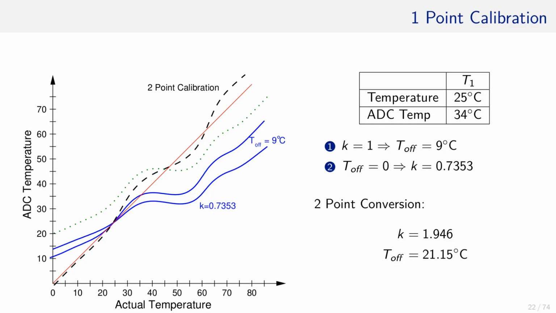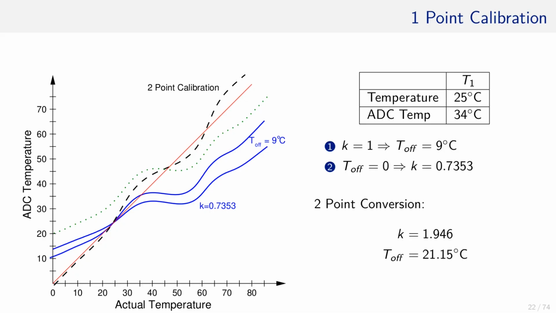So which one shall we choose? Shall we rotate the graph by modifying the gain factor, or shall we keep the gain factor fixed to 1 and shift the graph by an offset? In this particular example, it is quite easy to see. While the 2-point calibration is reducing the error tremendously, as shown by the dotted line, the error for the single-point calibration is quite large.